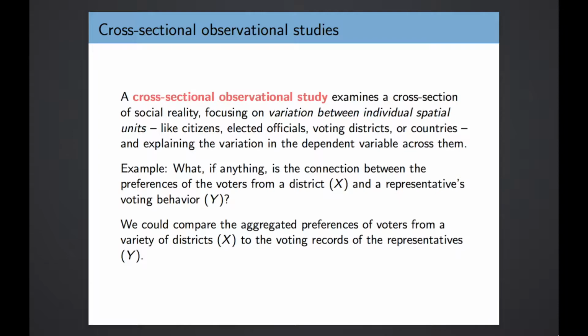So our unit of analysis is each of these individual representatives from different districts, and we're trying to explain variation in the dependent variable, voting behavior, across these representatives. And so we're going to study an aggregated measure of voter preferences from those districts and then look at what the voting records of those representatives are and try to understand what causes the variation in that voting behavior.